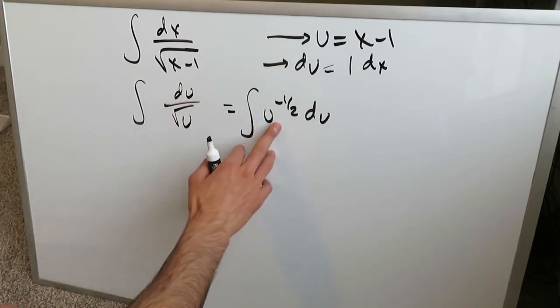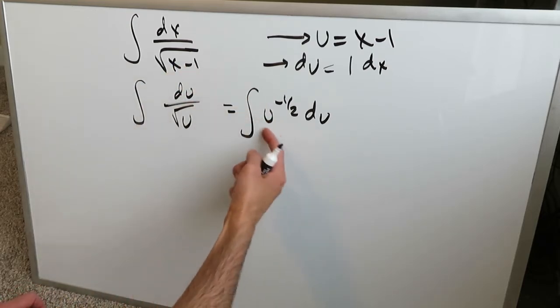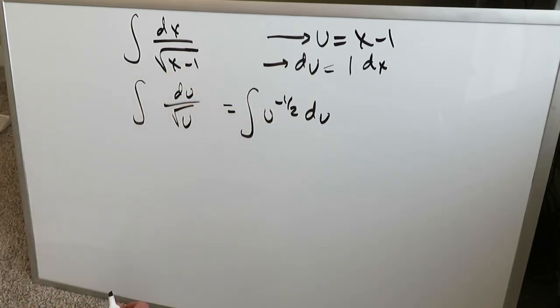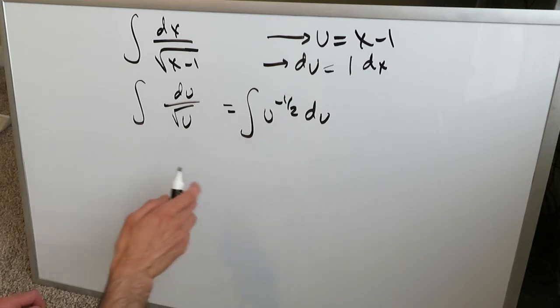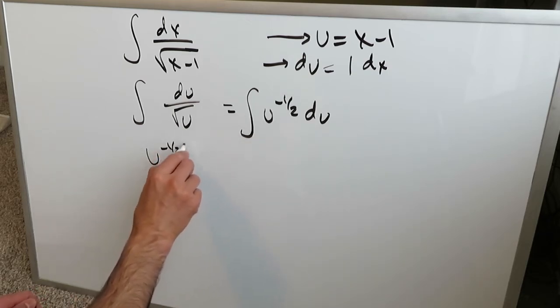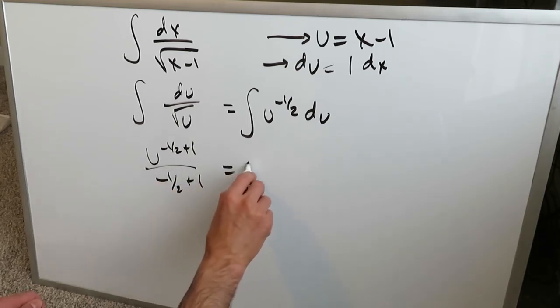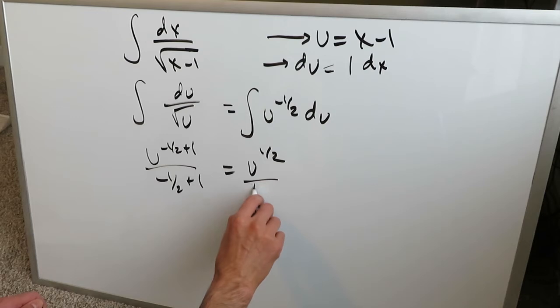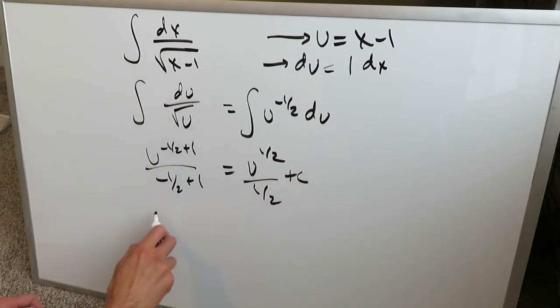Now you have a composite simplified into a very clear, easy single item, to which you can use the specific template rule that you know, x to the power of n plus 1 divided by n plus 1, the integration of a basic polynomial technique. You will do u to the minus 1 over 2 plus 1 over minus 1 over 2 plus 1. You get u to the 1 over 2 over 1 over 2, plus c, because it's not a definite integral.